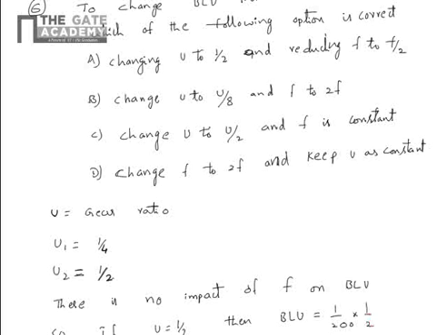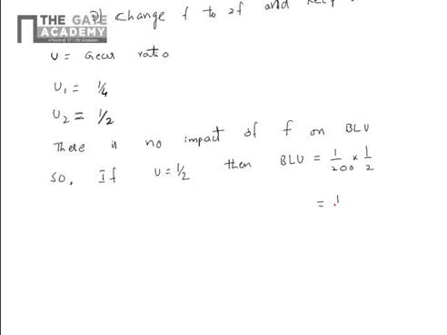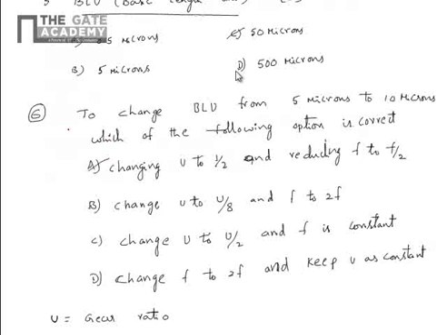Earlier it was 1 by 4, so now instead of 800 it is 400 into 4. It's equal to 1 by 100, which is equal to 10 microns. So option A is the correct answer. For question 6, A is the correct answer. Okay.